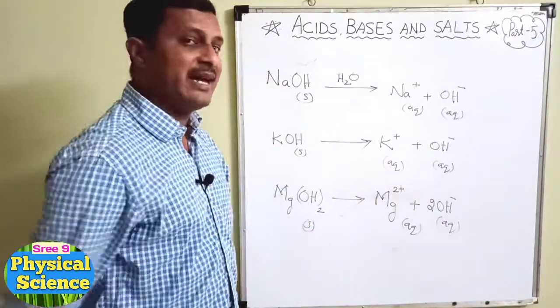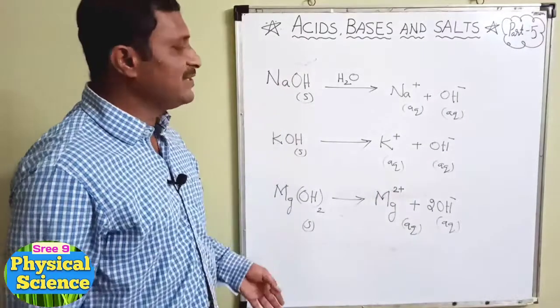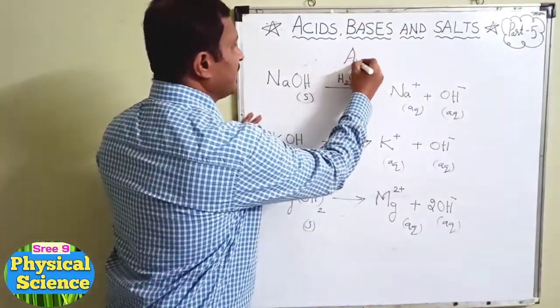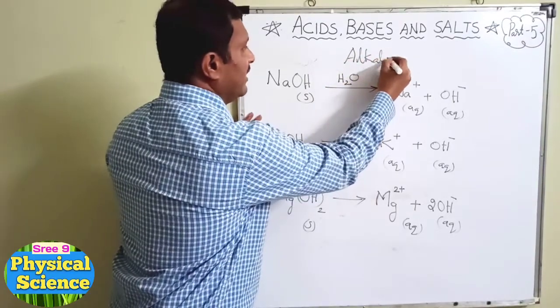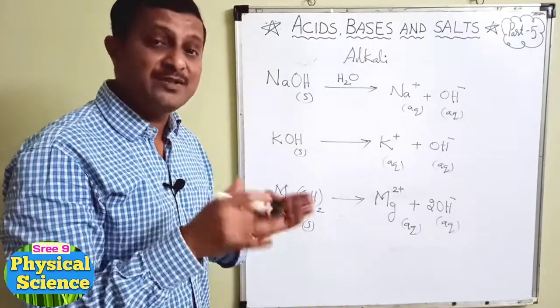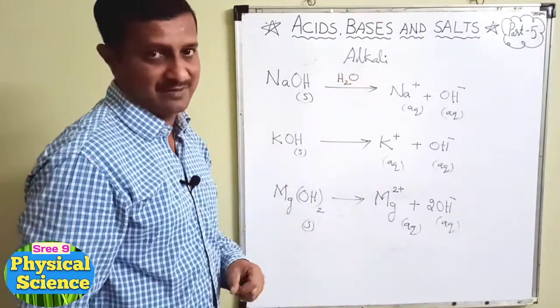And one thing at the end: the bases which are dissolved in water are called alkalis. When a base is dissolved in water, that solution is called an alkali solution.